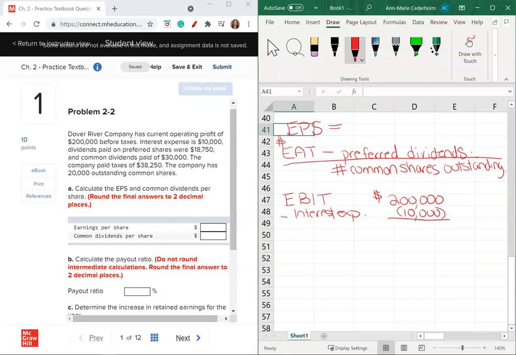When you take 200,000 and subtract your interest expense, that gives us our earnings before tax, so that's 190,000. Now I can subtract out my tax expense, and in this case, they gave it to me. They said it was 38,250 in the question.